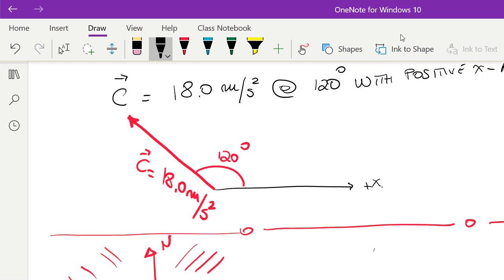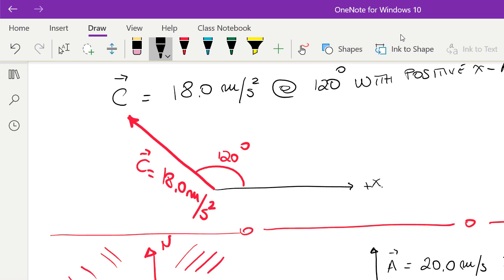If we have a vector A that is 20 meters per second due north, then we will see a vector that is straight up north.